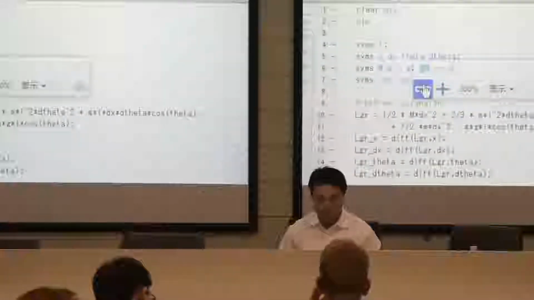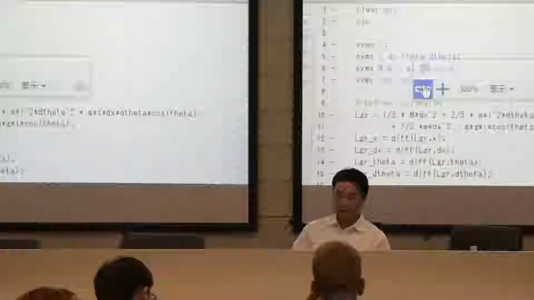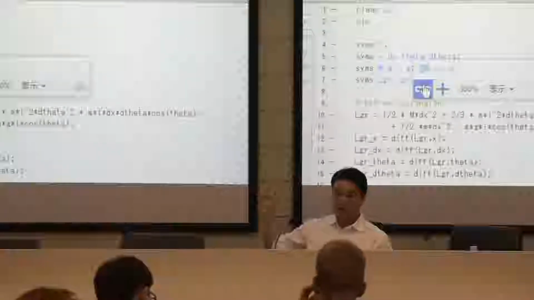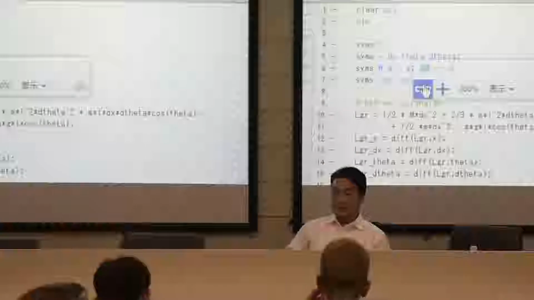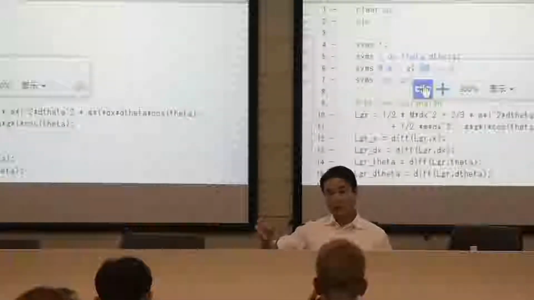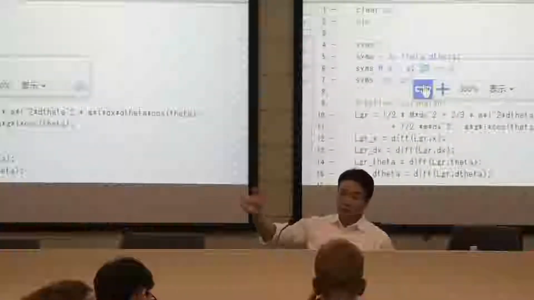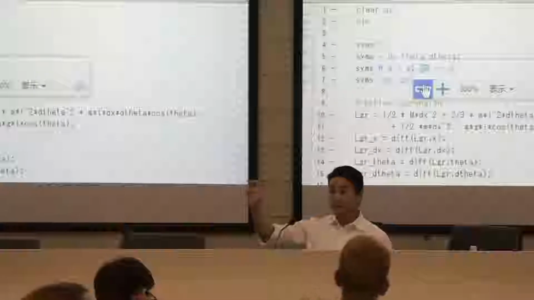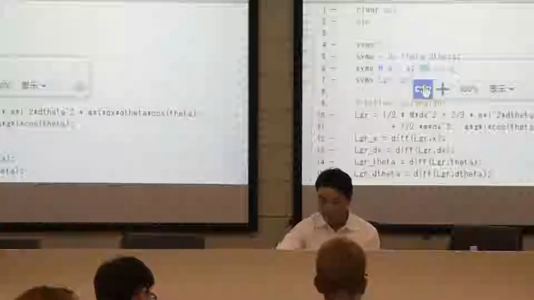So derive the Lagrangian carefully. Actually, you can use the Symbolic Math Toolbox to derive the Lagrangian, because the Lagrangian is just the potential energy and the kinetic energy. So which part rotates around which point, and compute the moment of inertia, then you can automatically derive this Lagrangian.